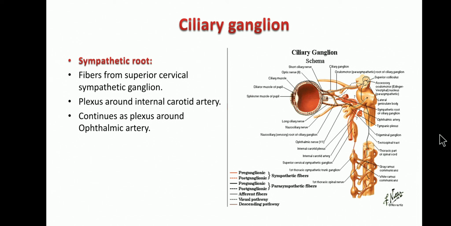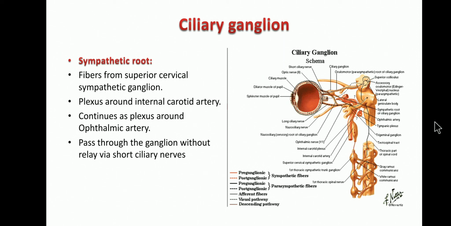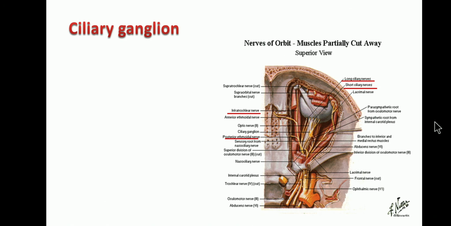Through this, it will reach the ciliary ganglion. The fibers do not relay in the ciliary ganglion; they pass via the short ciliary nerves. Some of the fibers are also thought to pass via the long ciliary nerves. Then finally they supply the dilator pupillae muscle, which has the opposite action of the sphincter pupillae. Both are for accommodation. So finally, coming to the sensory branches from the nasociliary nerve, they are nothing but the short ciliary nerves only.